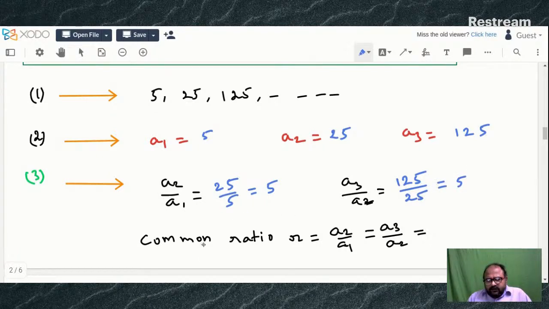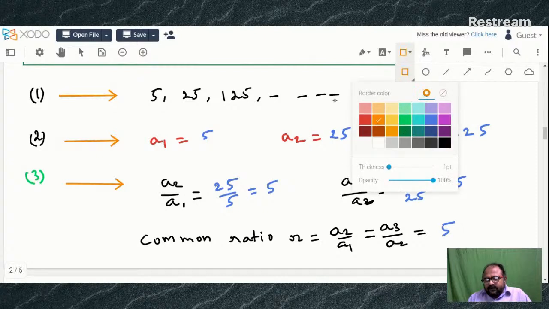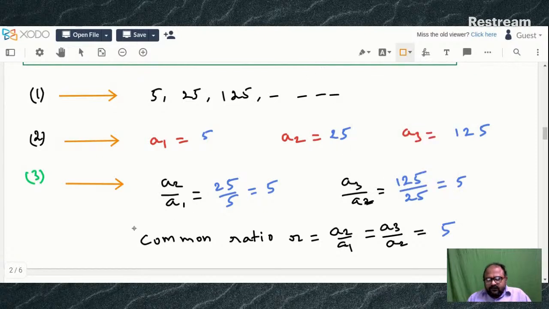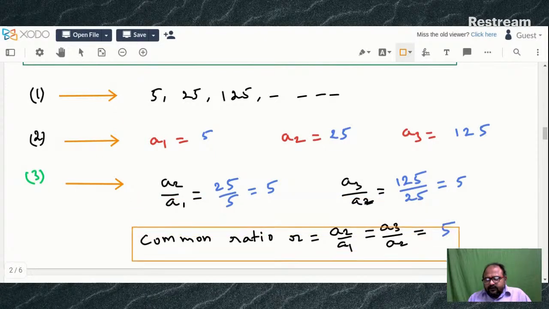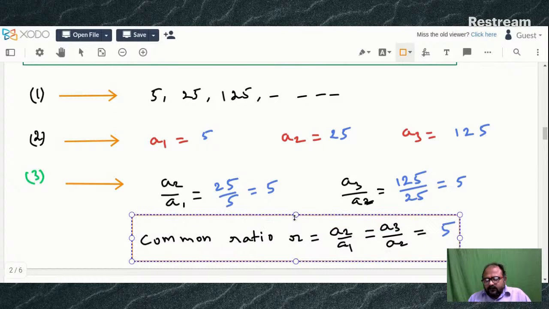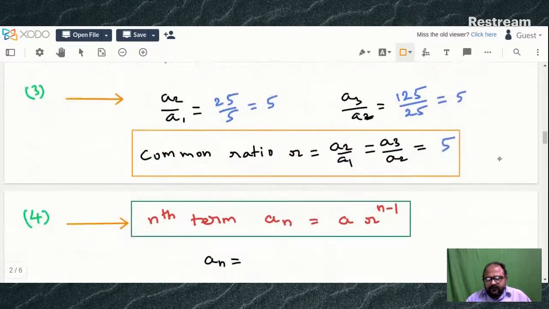So you have got the common ratio R equal to 5. This is what you should write. So you will write the conclusion here. The common ratio is 5.